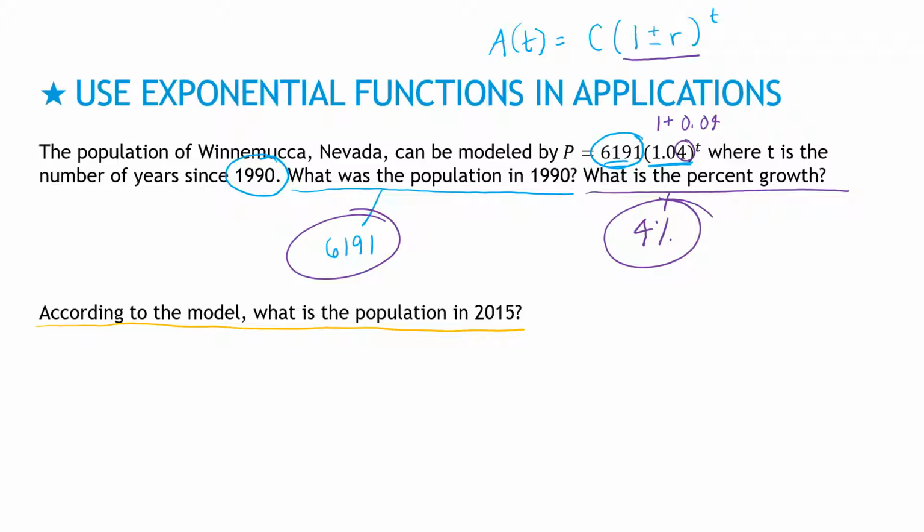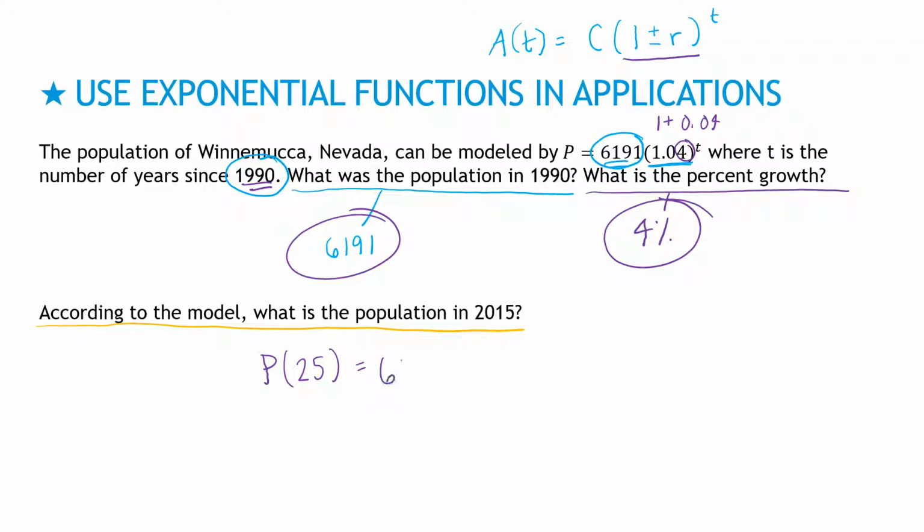According to the model, what is the population in 2015 means now I'm going to take P of t, or P of years since 1990 would be 25 years. So from 1990 to 2015 is 25 years.